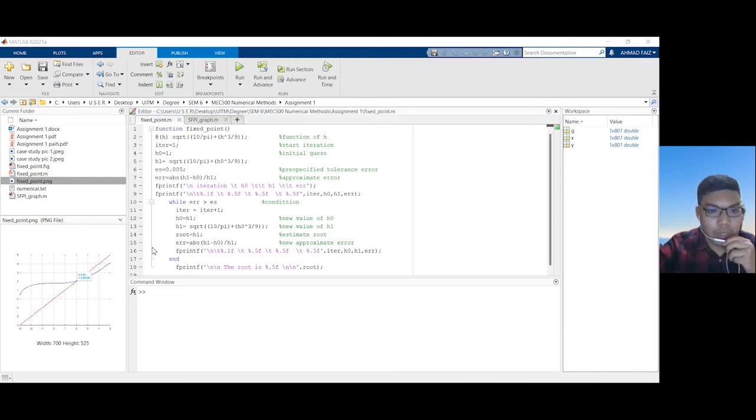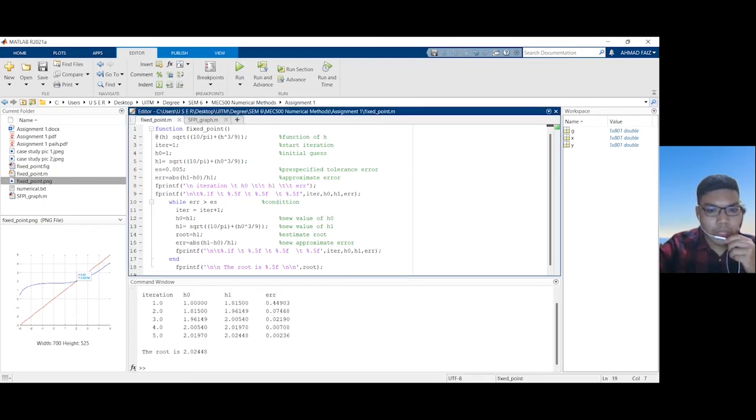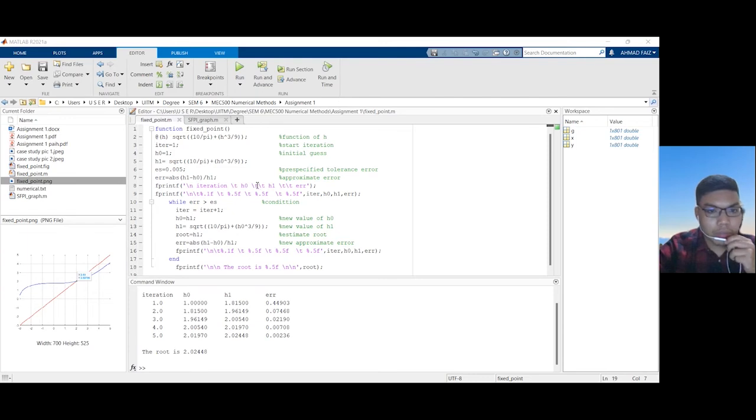Now, I will run the script. As you can see, by using the fixed point iteration method, it takes 5 iterations to find the estimate root. The estimate root for this problem is 2.02448 meters. So that's all for this method.